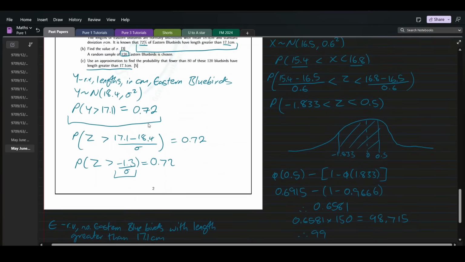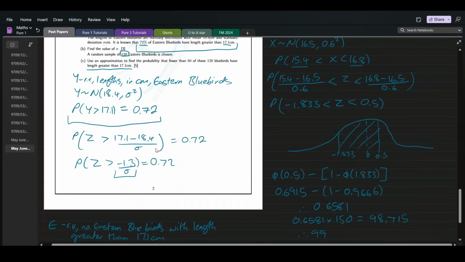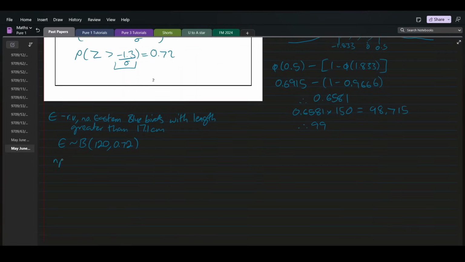Okay, we were told to use an approximation. In this case, this is at AS level, so we know that the only approximation we use is a normal approximation to the binomial distribution, but it's always safe to check that NP is greater than 5 and NQ is greater than 5 before actually using this approximation. So we'll do that in this case. NP is equal to 120 multiplied by 0.72. Let's punch that into the calculator.